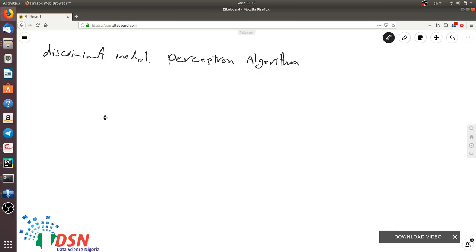In the Perceptron algorithm, the model is this, and phi is a nonlinear transformation of the features.